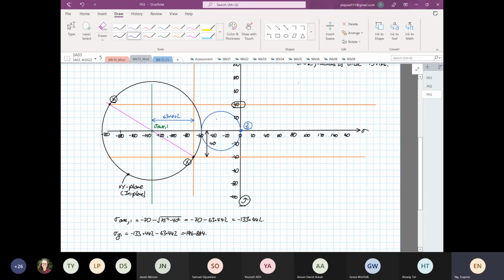Okay. So this one over here belongs to our XZ plane and is our out of plane. And we have one more circle. So the last circle is this circle over here.